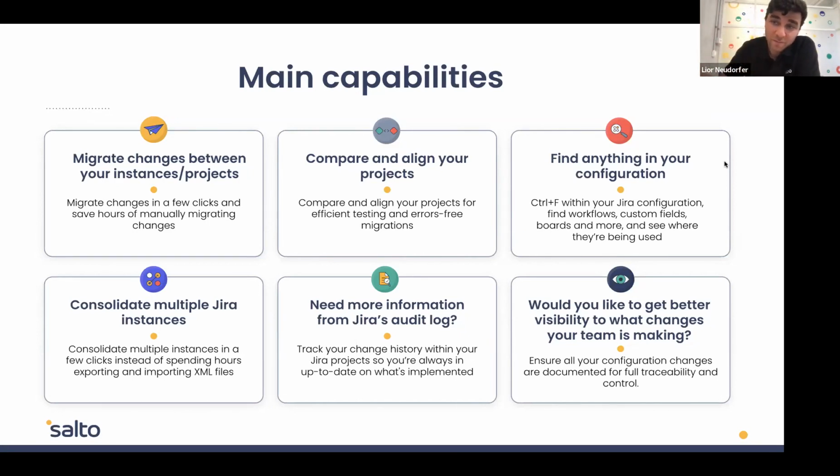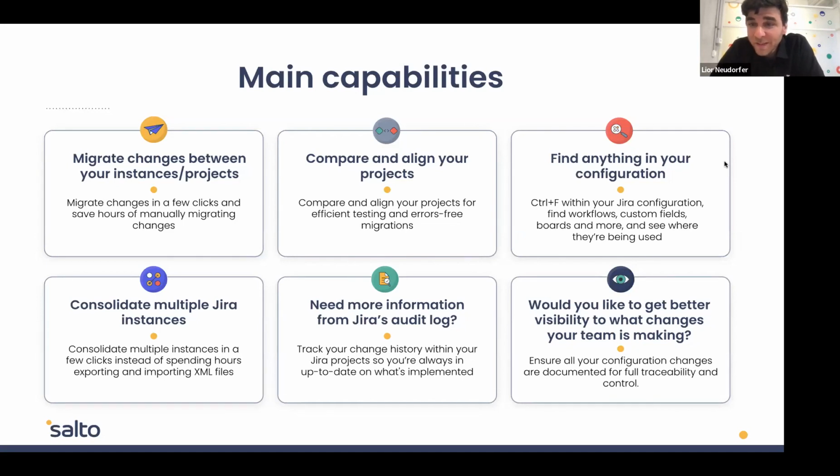Select them, deploy them to another instance, and do it with a few clicks instead of manual work and exports and all sorts of weird methods that I heard about, which are necessary because you don't have good tools to do that, but they are cumbersome. I'll show you how easy it is with Salto by the end of this session.